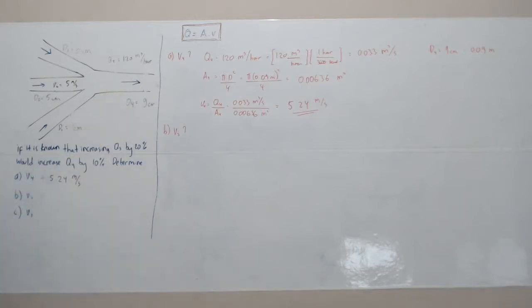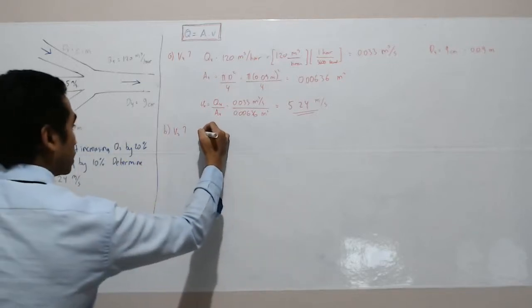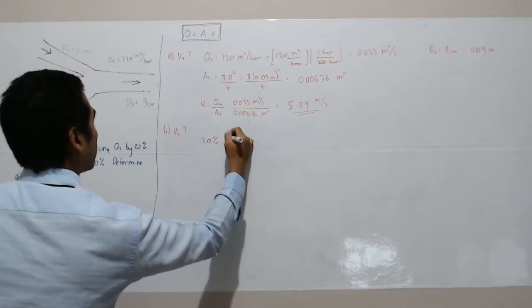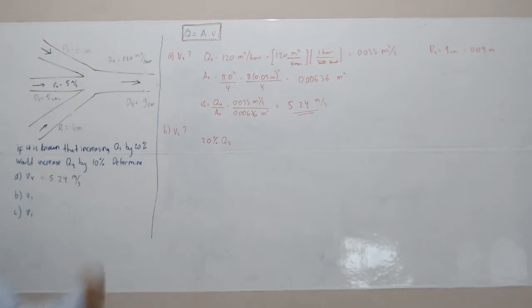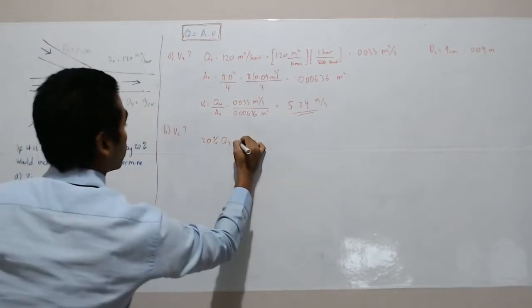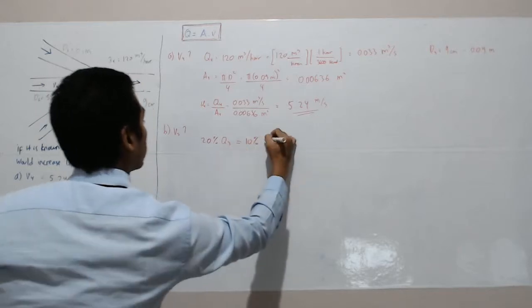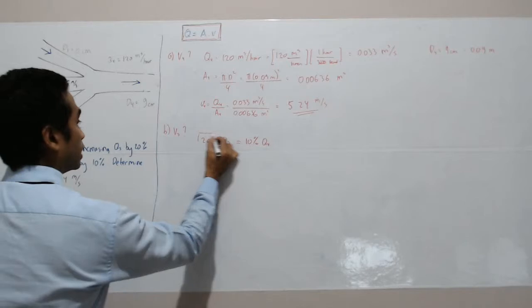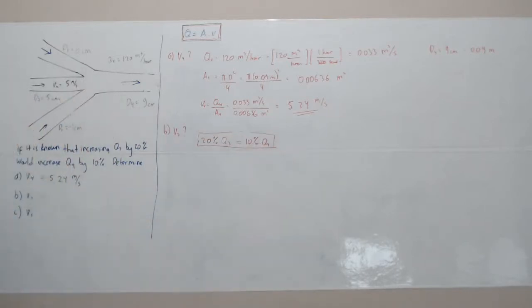If you write the statement as an equation, it will be 20% of Q3 is equal to 10% of Q4. Now, this is the statement that we need to understand to solve this problem.